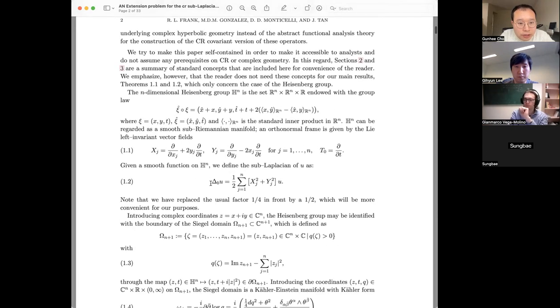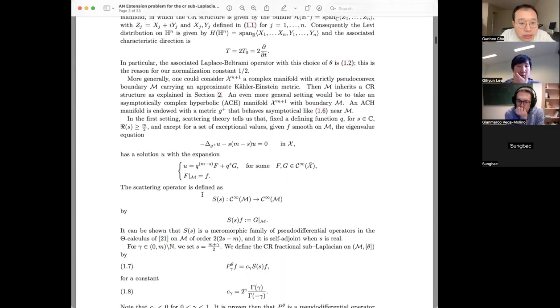The key reason to consider the sub-Laplacian in the sub-Riemannian geometry connecting to complex geometry is that we'd like to view the Heisenberg group as a CR boundary of the complex hyperbolic space, so that it is natural to consider the Dirichlet problem. We already have the boundary data, and then we want to extend the boundary data inside naturally. And the harmonic extension should be one of the natural extensions to consider, but that's actually not the case.